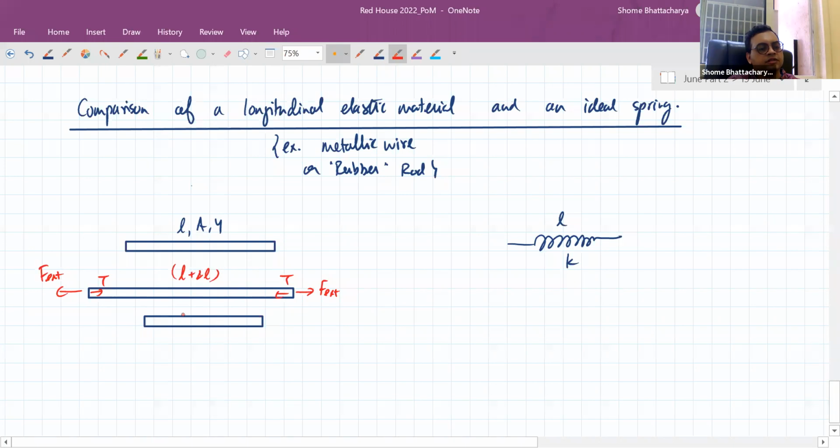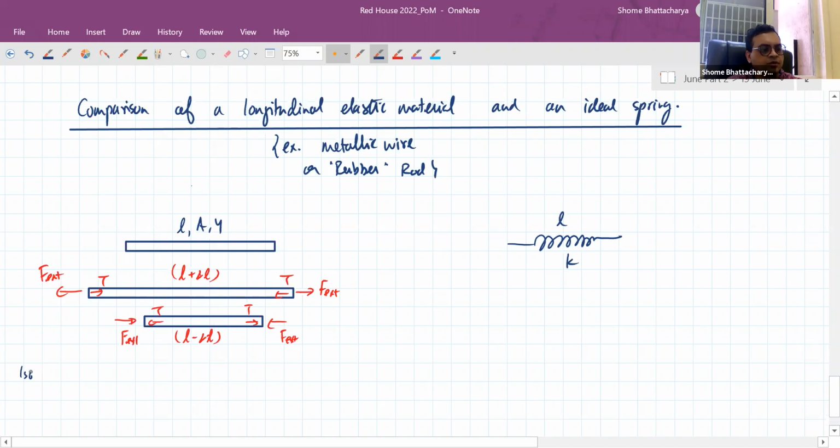In this case of elongation, or in this case of compression, we need to apply a compressive external force like this. So this is that kind of situation.